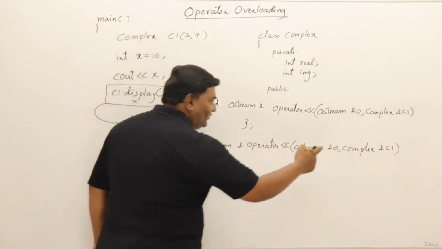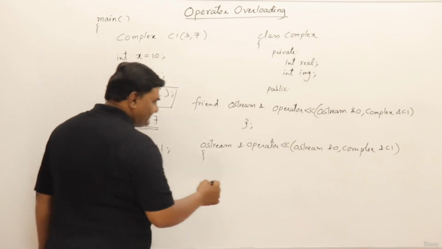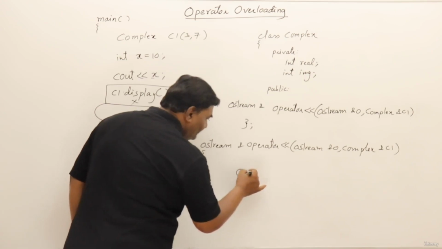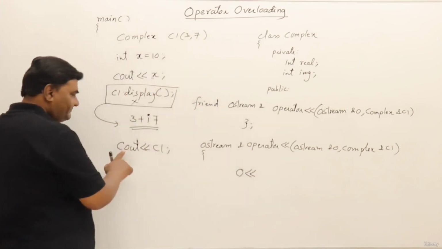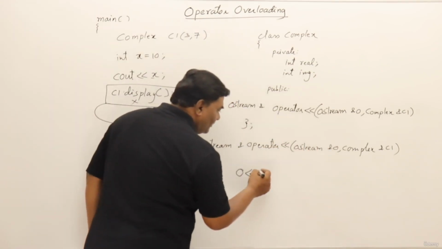What do I want to do? I want to display c1's real part and imaginary part like this. Which stream object should I use? ostream. Instead of cout we have o; when cout is passed from here, it becomes o, so I am calling it o.